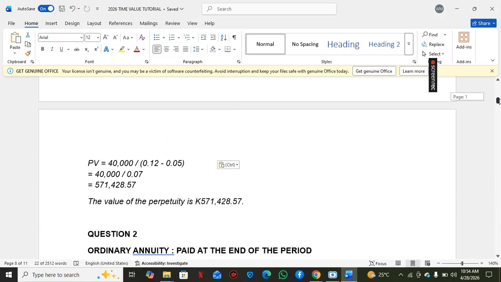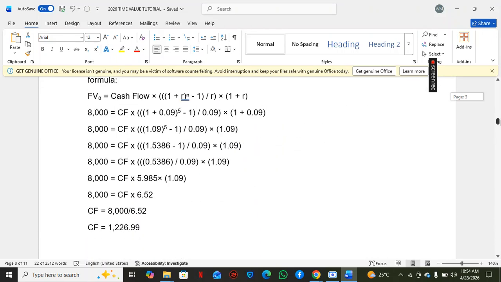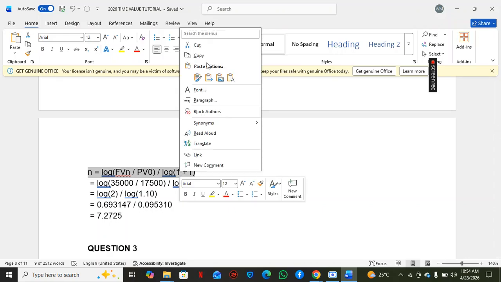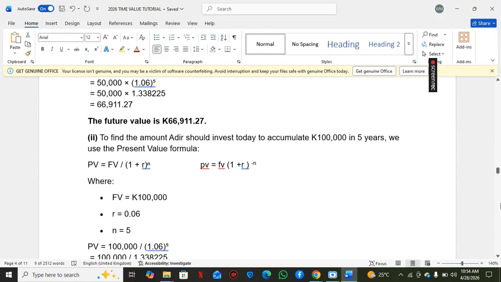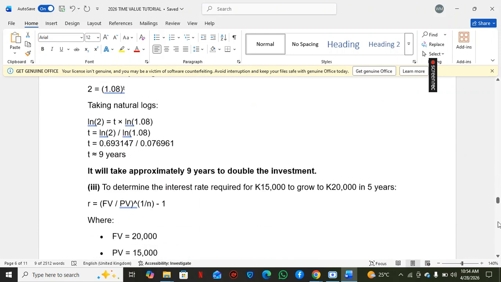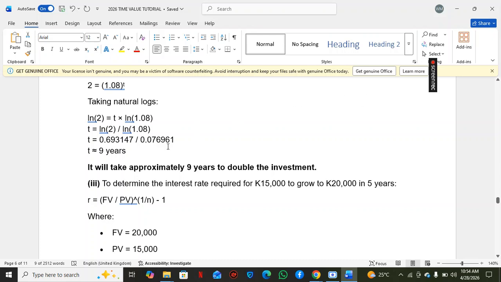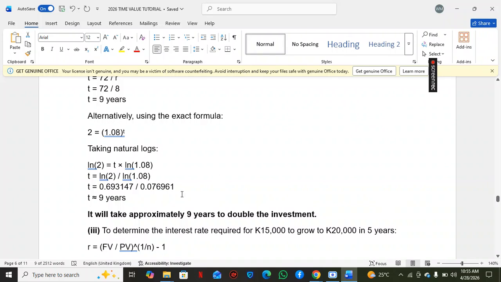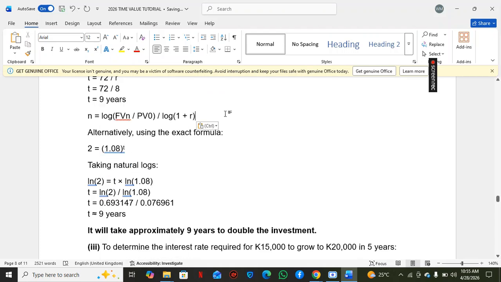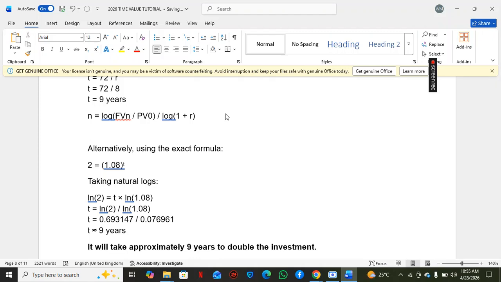Let me get that formula here. If you remember in the other video, if you want to find how long it will take, we use this formula here.